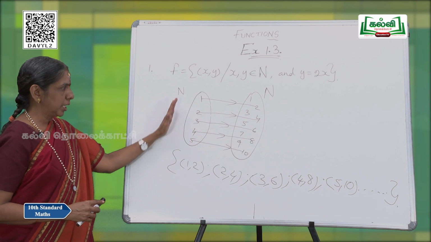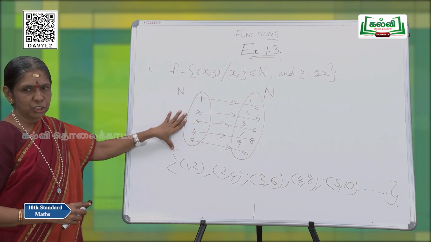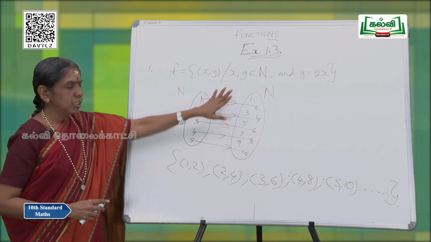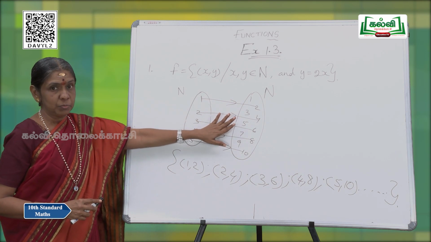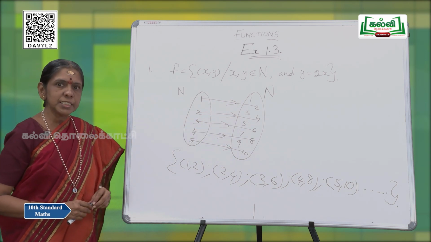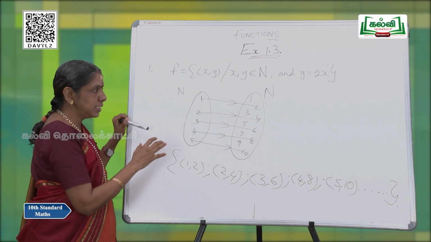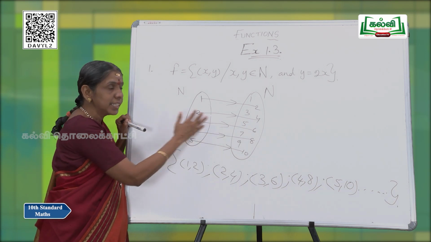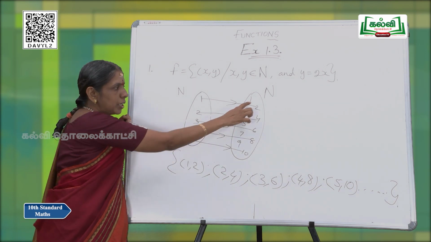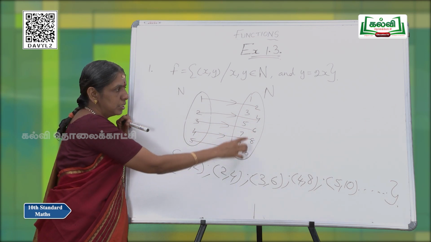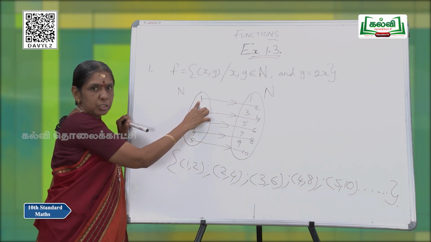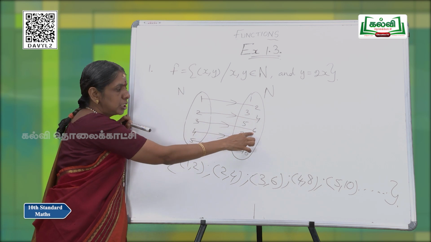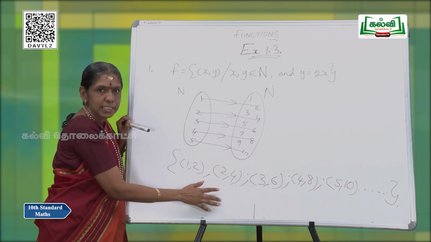What about the domain? The domain is the set of natural numbers, and the codomain is again the set of natural numbers. What about the range? What did I say about the range? The range is the set of elements which are connected with the domain. So, what are those elements? That is 2, 4, 6, 8, 10, etc. These are the images.